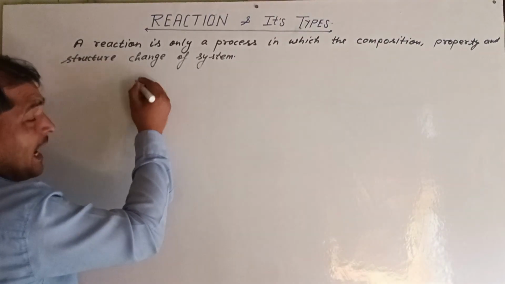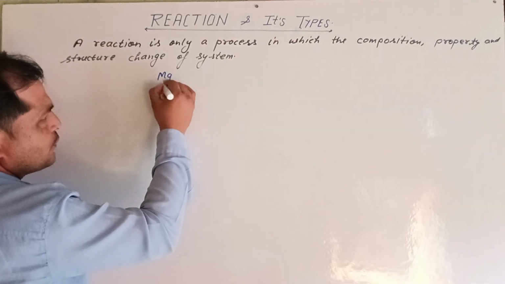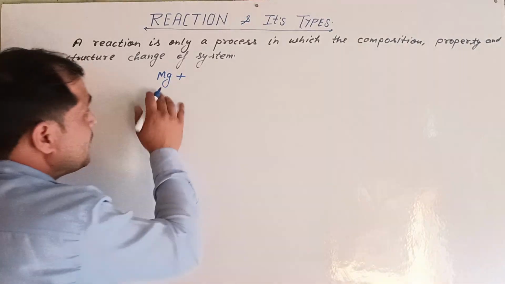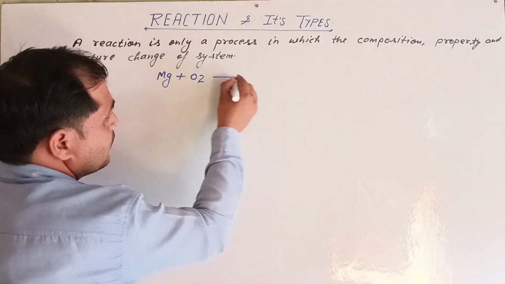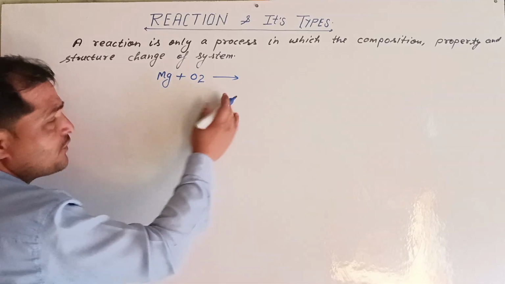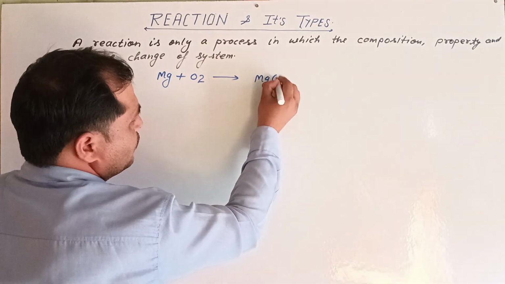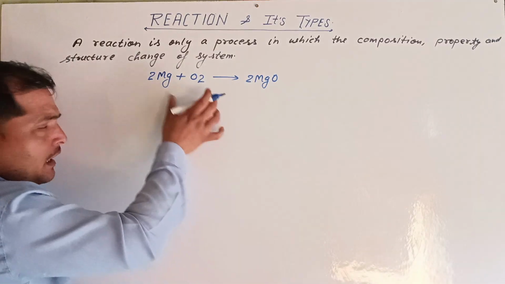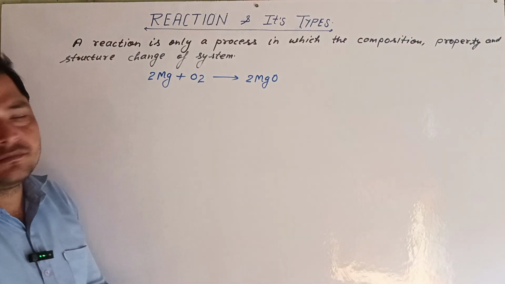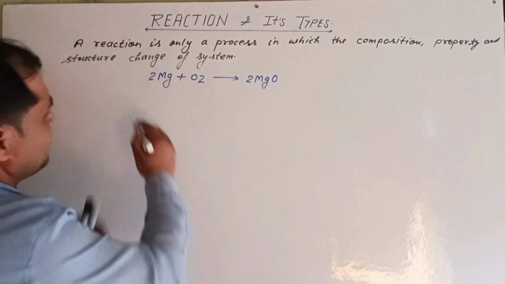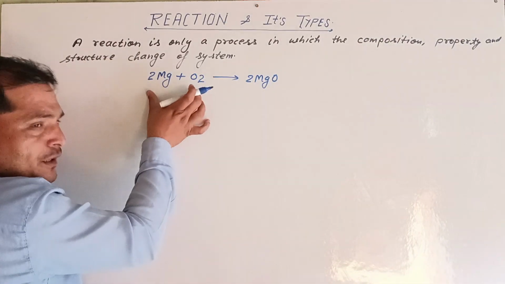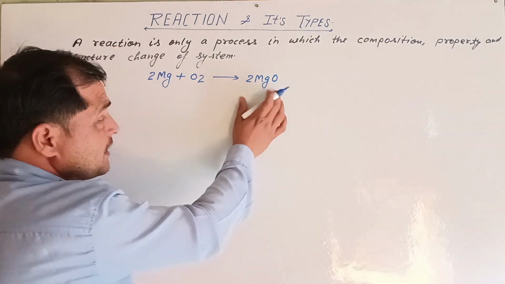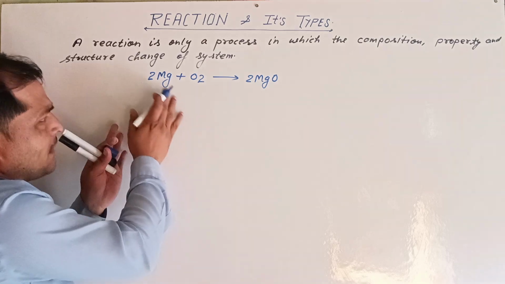As here, the reactants Mg plus O2, it has already been given in the class 10 NCERT book. After the reaction, the product is in the form of MgO, and it is a balanced chemical equation. Mg plus O2 is a system, and the property of the product is different from the properties of both Mg and oxygen.